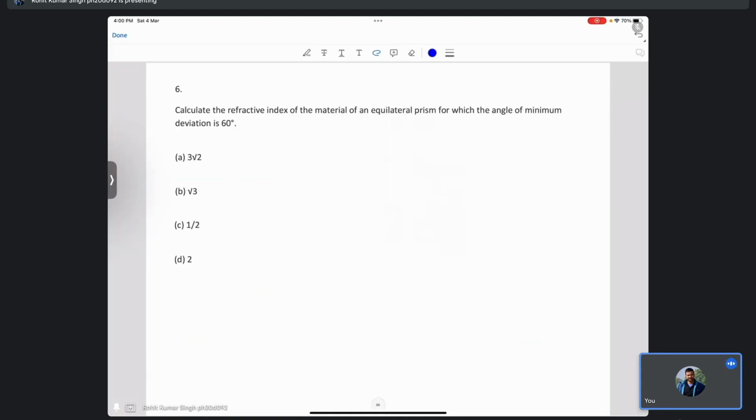Here the question is: calculate the refractive index of the material of an equilateral prism for which the angle of minimum deviation is 60 degrees. Okay. So we have an equilateral prism. What does equilateral mean? An equilateral triangle, you know, has all angles equal.